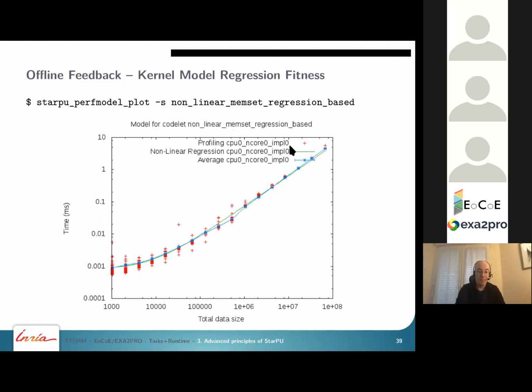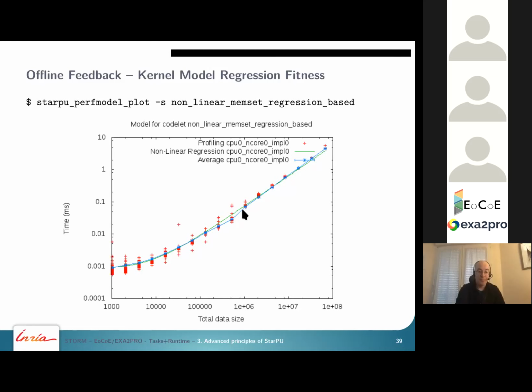I mentioned the regression. So this is an example. We have measured on one CPU, and we have drawn all the measurements, the precise measurements. Each point is one duration of one task. And we can use nonlinear regression. That's in green. That shows a performance model which is parametric. So it is able to predict the execution time for intermediate sizes or even smaller or bigger sizes thanks to the regression model.